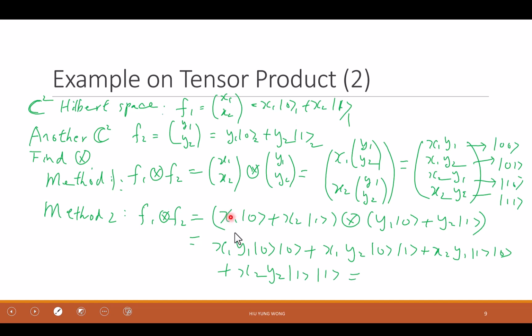Is this okay? x1 times y1, 0 tensor product 0. x1 times y2, 0 tensor product 1. x2 y1, 1 tensor product 0. x2 y2, 1 tensor product 1. Right? If you write in the column form, you see that they are exactly the same.